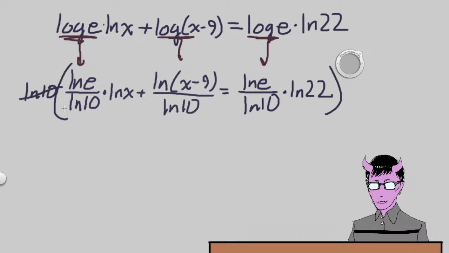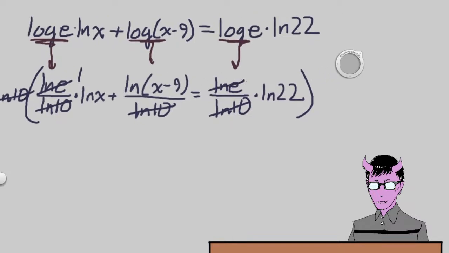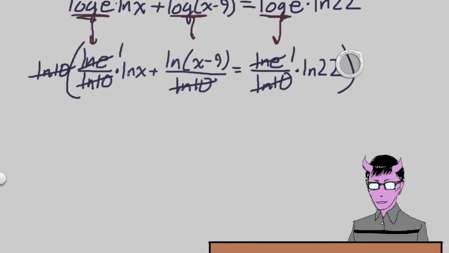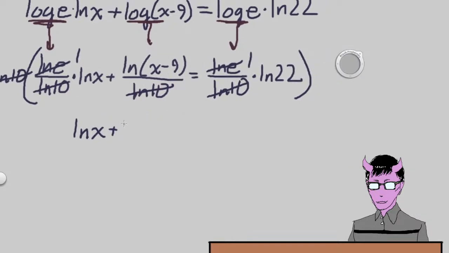This one will cancel with this, and then this one will cancel with that one, and this one will cancel with that one as well. So cleanup step. Remember, it's invisible e. Recognizing this form, this becomes 1. That one too, 1. Alright, so now we just have 1 times this. Very clean. And that one's still natural log.